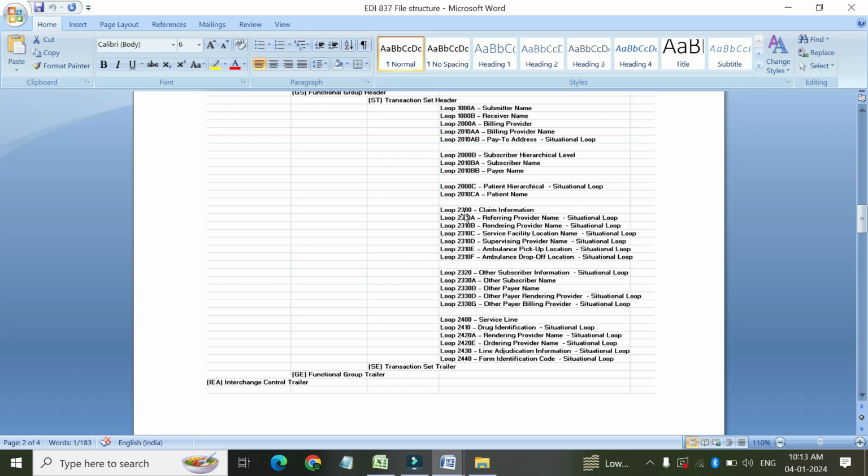Then it contains information about referring provider, rendering provider, service facility location, supervising provider, ambulance information. So let's see what that means.